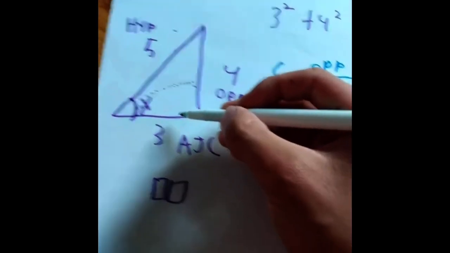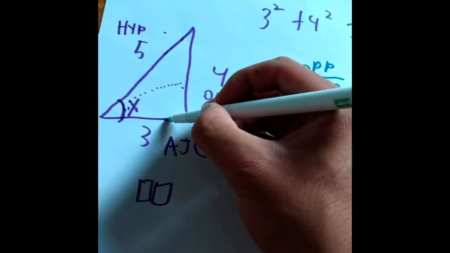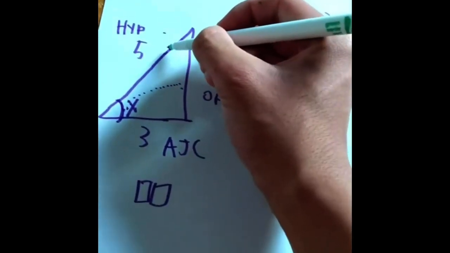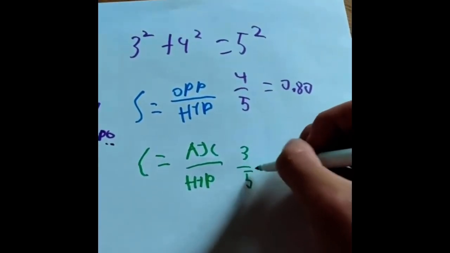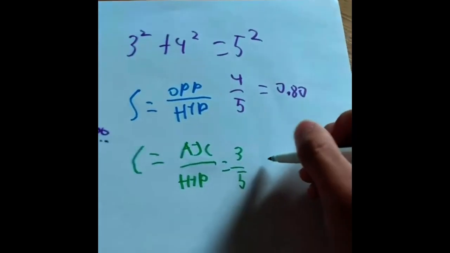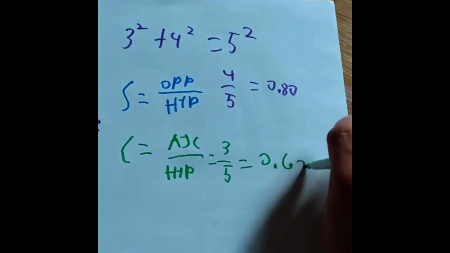So, when we do that, the cosine is this bottom line divided by this gigantic ramp line, or the hypotenuse. So we're gonna have 3 over 5. And if you want that as a decimal, you get 0.60.